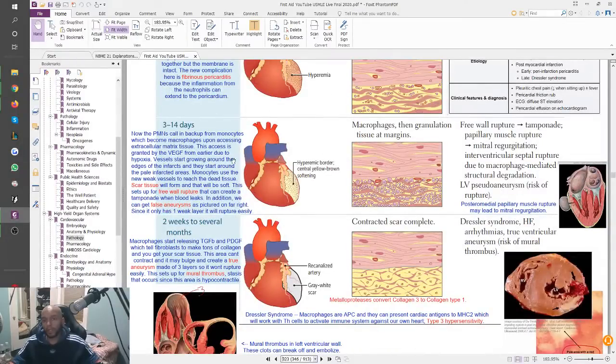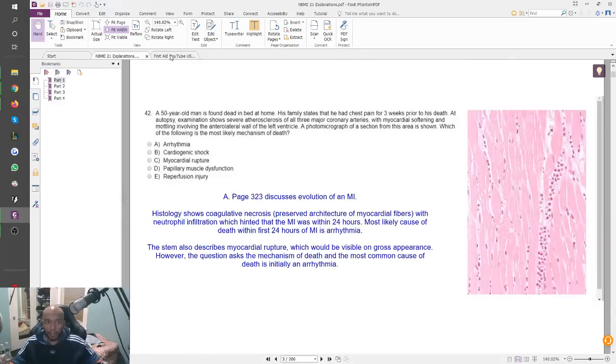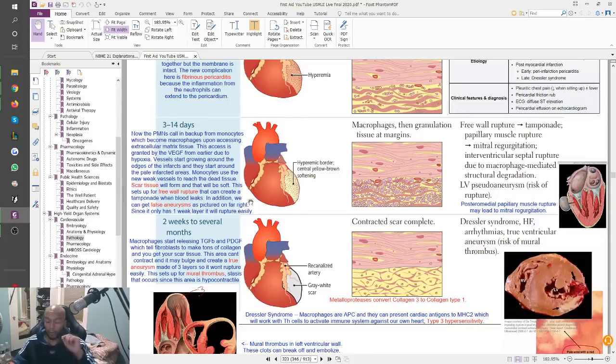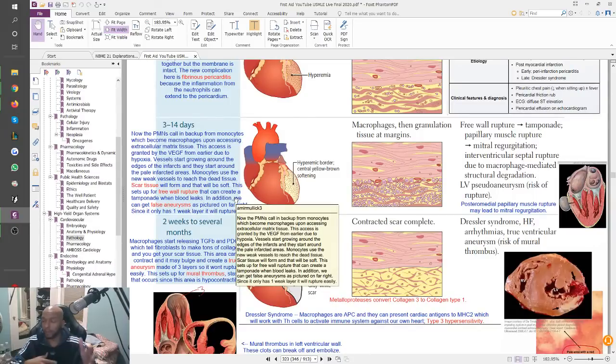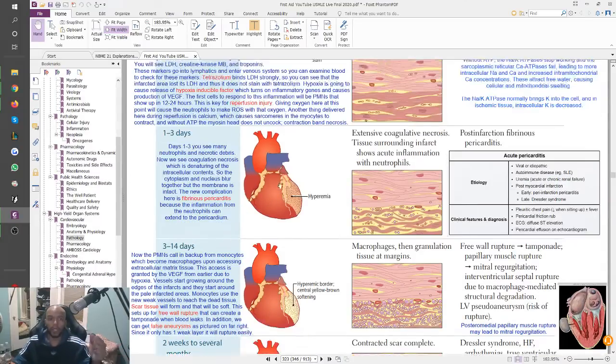At which point, papillary muscle rupture is an answer choice, and an aneurysm is an answer choice, right? But at the end of the day, no matter what, you have to remember, even at the very, very end, right? I said 2 things. Let's assume that it is true that he had an MI 3 weeks ago.